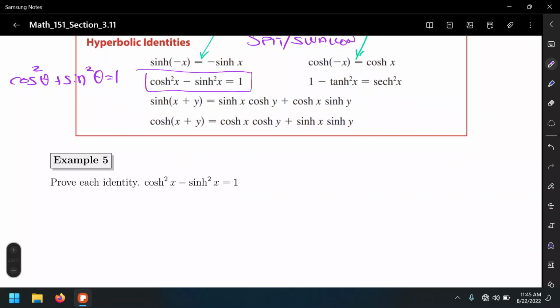When we finish this exercise, it will show us the consistency of why these are called hyperbolic functions.